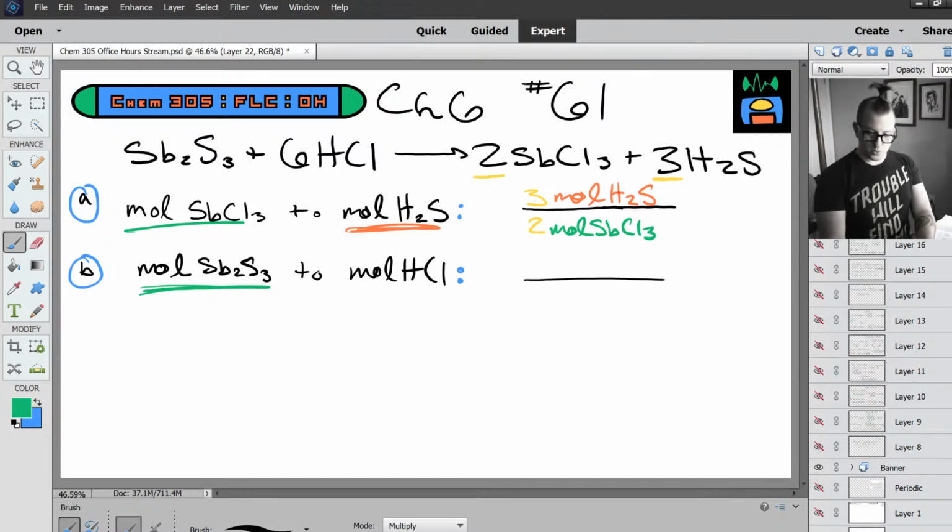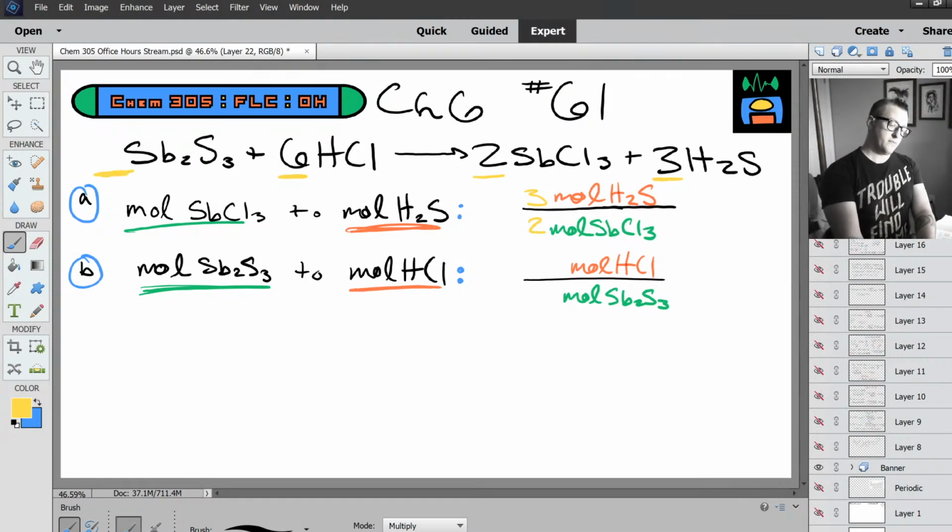So we put moles of Sb2S3 in the denominator. And we're converting to moles of HCl, so that goes in the numerator. And then the conversion factor comes from the balanced chemical equation. Now, whenever you don't have a coefficient in front of a number, that just means it's automatically 1. So 1 mole of Sb2S3 will react with 6 moles of HCl.